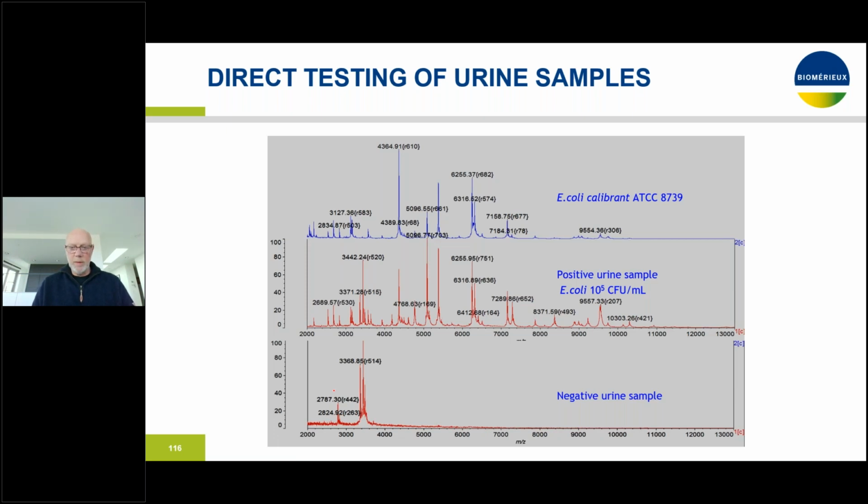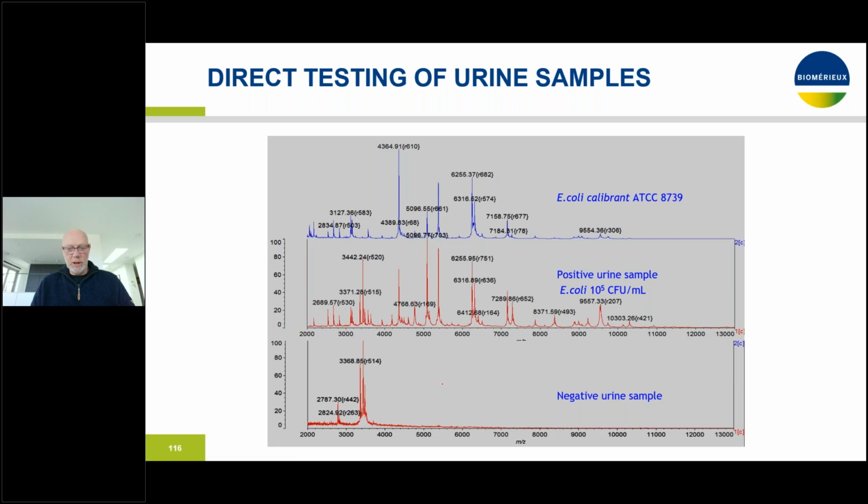If you spin down 1 ml of a positive urine sample, you'll see the red spectrum here in the middle with peaks that are generated by the infectious organism, and you can clearly see the overlap between the peaks in the clinical example and those in an E. coli calibrant sample, where you see identical peak positioning, and where the species nature of E. coli is absolutely clear. It also has to be realized that if you do direct measurements in clinical materials, you'll also be picking up host molecules.